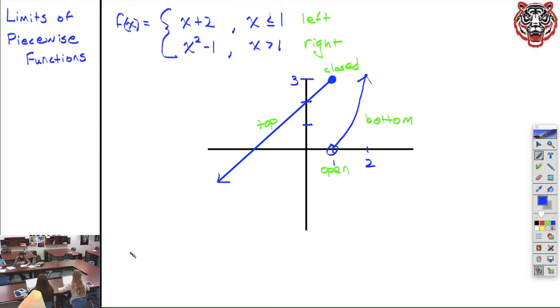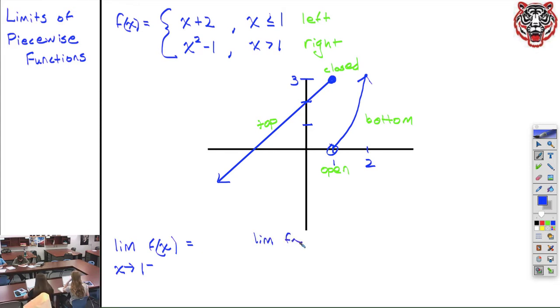Perfect. And I want you to answer some questions about this now. I'm going to assume that all of this is still f of x. f of x refers to both of these lines and curves. I want to know what the limit of f of x is as x approaches 1 from the left. It's kind of the same questions that we had yesterday.